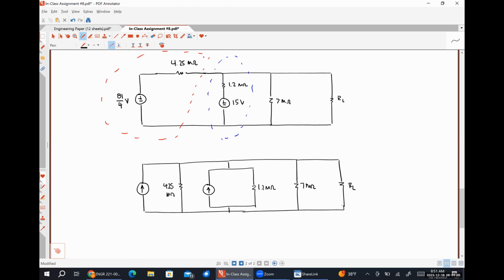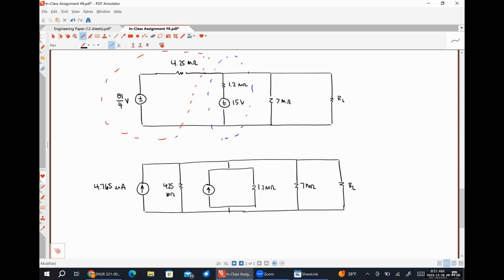All right, so 81/4 divided by 4.25 times 10 to the 6th gives me 4.765-ish microamps.